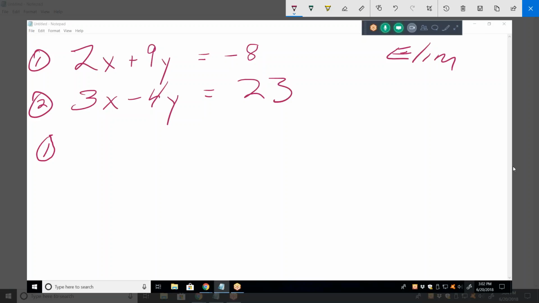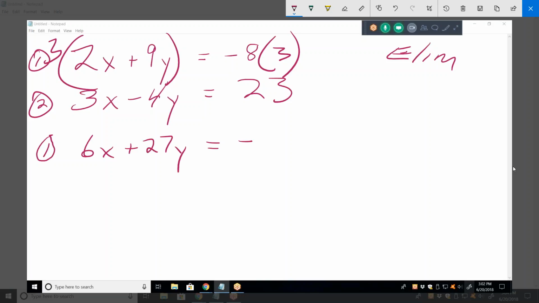You'll see why. So if I do the top one by 3, what do I get? 6x plus 27y equals -24.